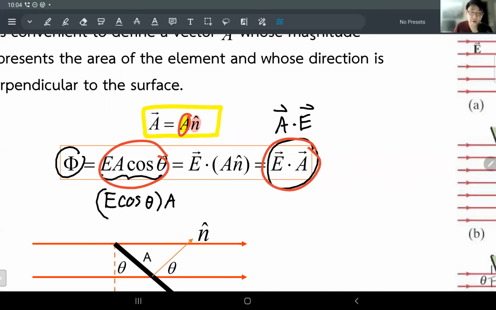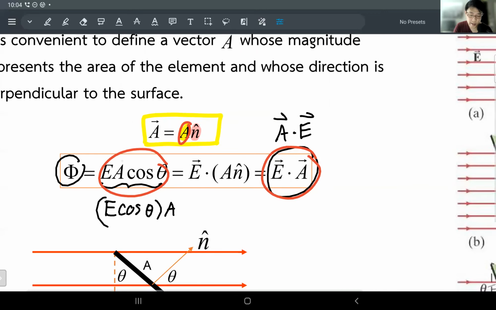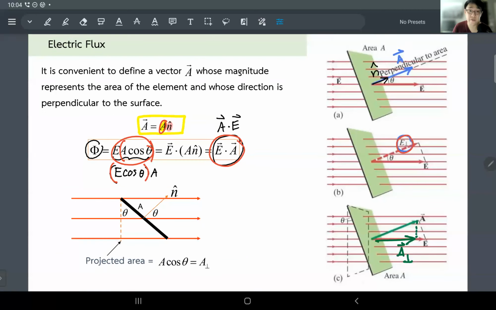In this view, you have two choices, depending on your perspective. You can think that cosine theta is attached to A, or you can think that the cosine theta is attached to E. You get the same result. That's how we calculate flux on any piece of surface area. Cool? So far, so good? Okay. I hope.